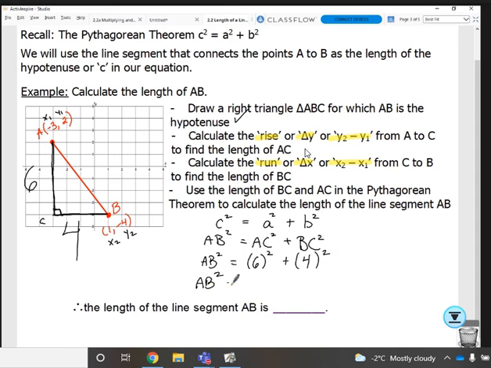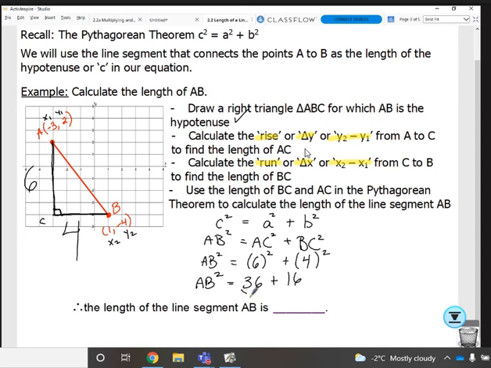AB squared equals 36 plus 16. I need a calculator because I do not want to drop the ball this close to the finish line. 36 plus 16 is 52.